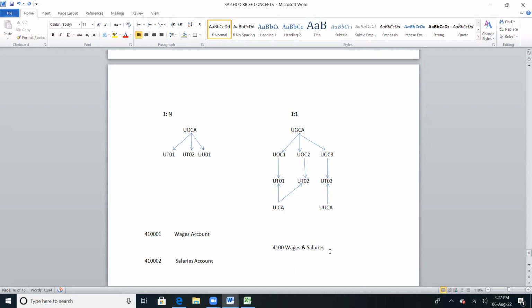I'll take this later, but try to understand this concept because again you will get confusion.